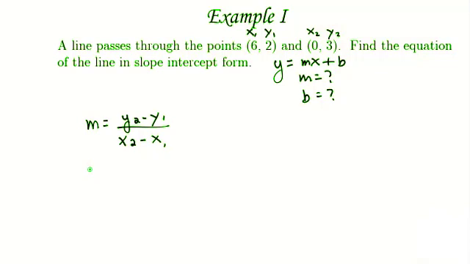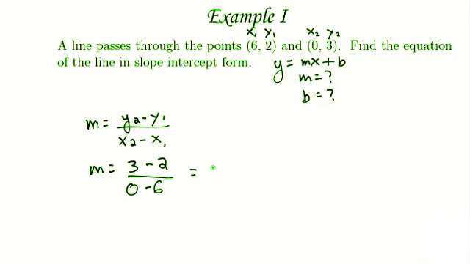Applying those to this equation, m equals y2, which is 3, minus y1, which is 2, divided by x2, which is 0, minus x1, which is 6.